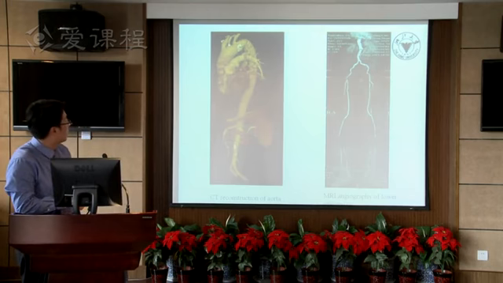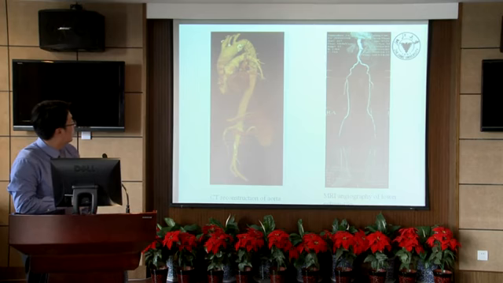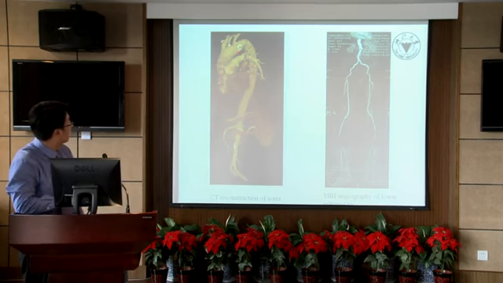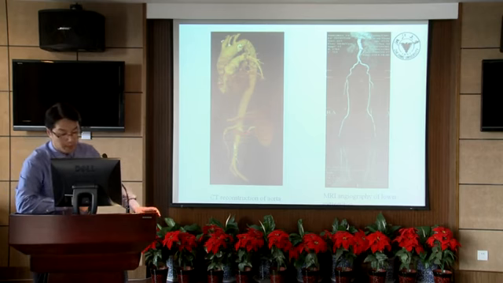This is CTA. This is a normal person. We can see the classification in the aorta. This is ascending aorta, descending aorta, and superior mesenteric artery, renal artery. This is MI.